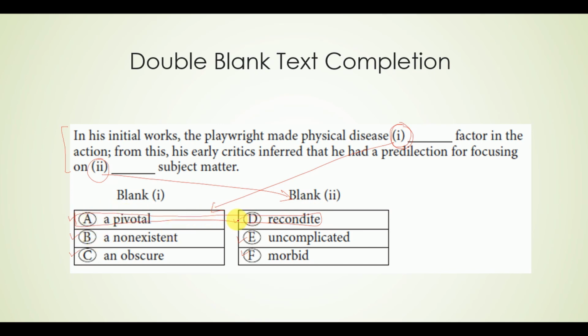So they think that A and D is a paired answer, that if A is the correct answer for blank 1, then D would be the correct answer for blank 2. That is not the case. So this is a set of answers for blank 1 and this is a separate set of answers for blank 2.